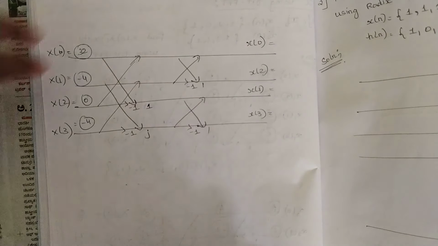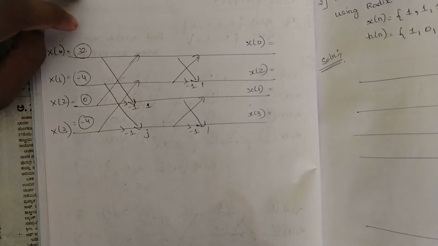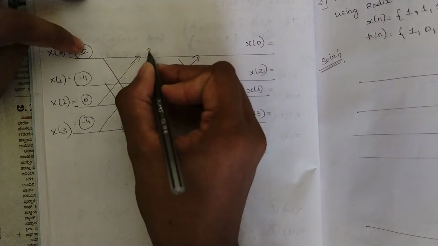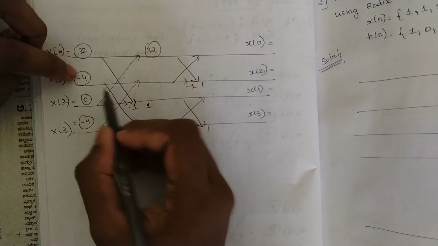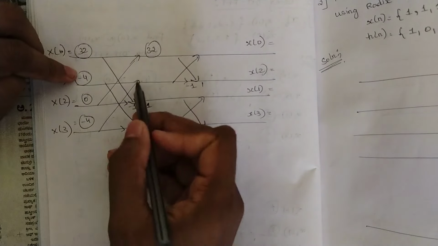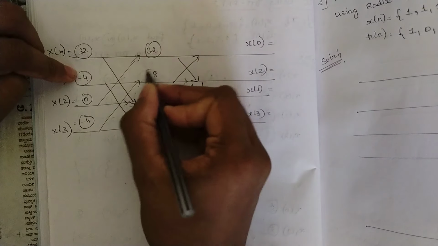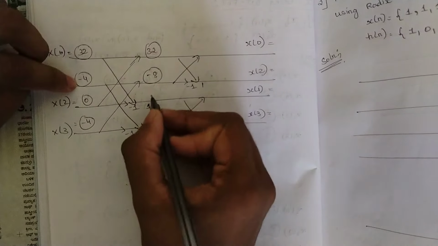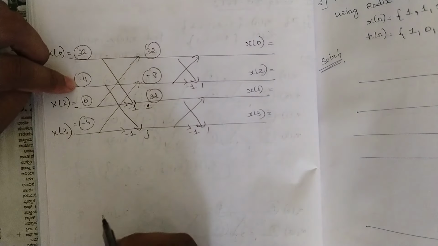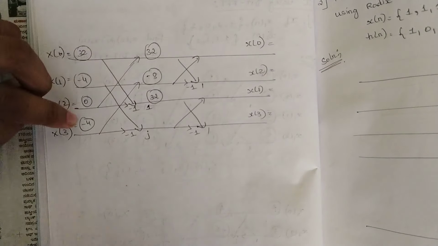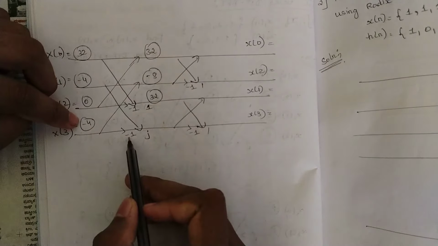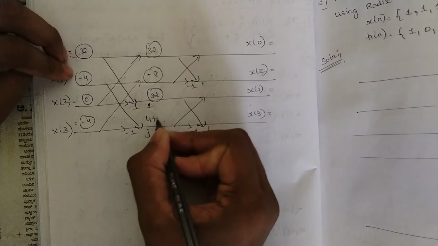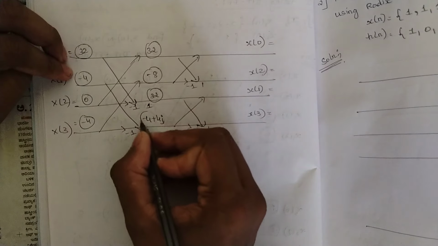So now let's see what answers we get here. 32 plus 0 is 32 only. Then minus 4, that is minus 8. 0 into minus 1 is 0, and 32 into 1, again we got 32. Here we have minus 4 into minus 1 plus 4, into j, and minus 4, so minus 4 plus 4j.